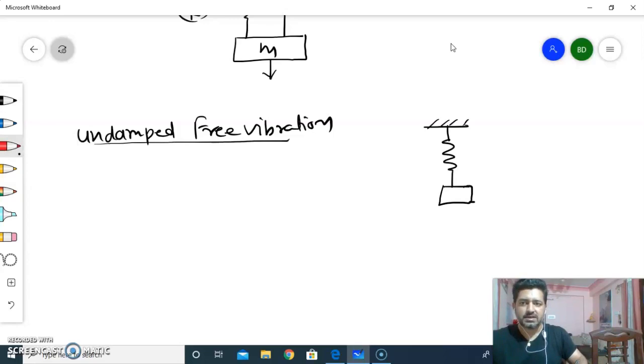Since it is undamped free vibration, we are removing the damper, and if we initially apply the force to the system and then remove it, then that is known as free vibration. But if the force is applied continuously, that will be forced vibration, that we'll study later. So in free vibration, just apply the force and then remove the force. The body will vibrate itself continuously from equilibrium position.